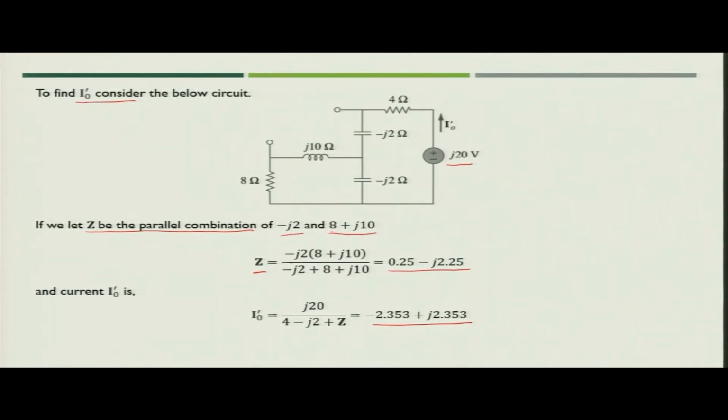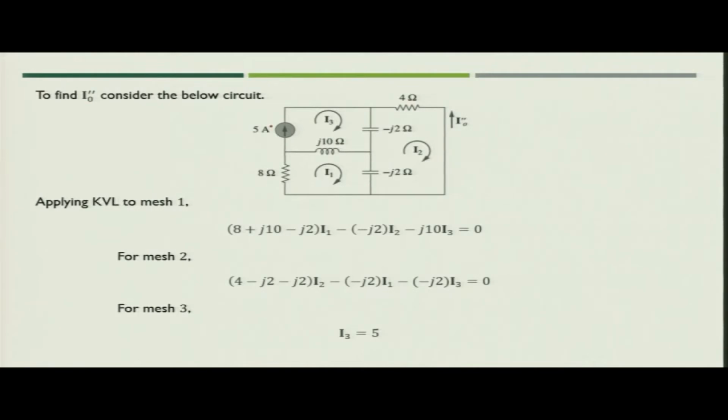Next, you consider the current source and short circuit the voltage source. So, your modified circuit will now be as shown in the figure. Here you have the 5 ampere current source back in the circuit and the voltage source is short circuited. Now, in this case we see there are 3 loops, so we will utilize Kirchhoff's voltage law to find the loop currents.